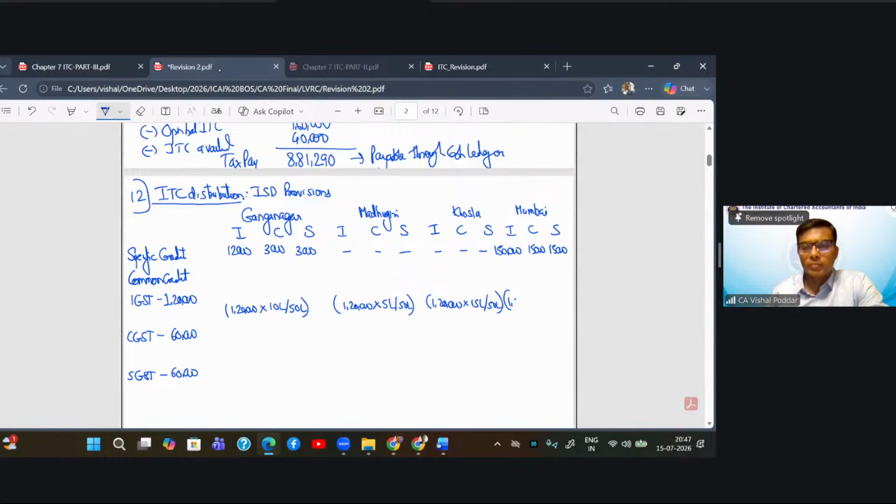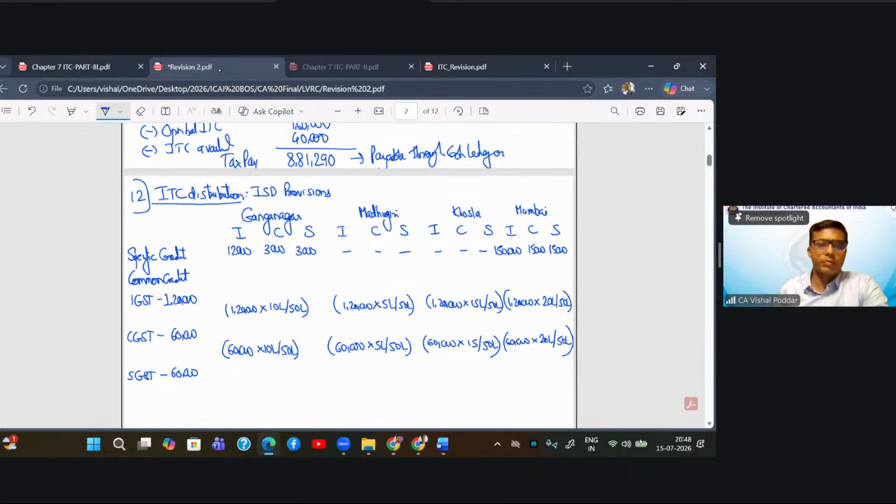And then into 20 upon 50. Same working here: 60,000 into 10 upon 50, 5 upon 50, and 60,000 into 20 upon 50.